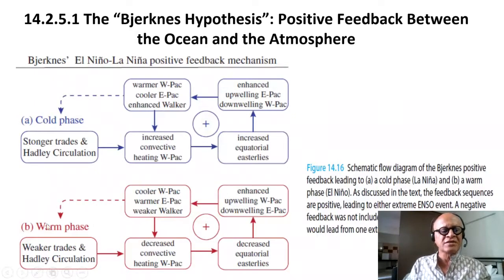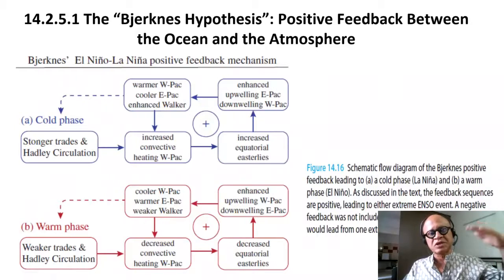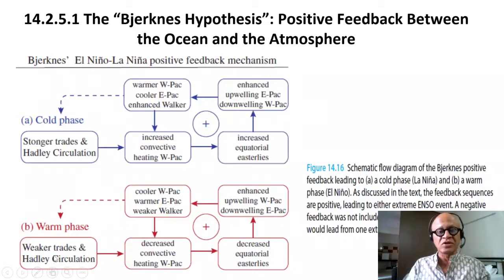On the other hand, somehow if magically the trades got weaker, we will see that there is also a possibility of doing something in the west with these westerly wind anomalies, wind bursts as we call them, but not always. Weaker trades and Hadley circulation, decreased convective heating in the West Pacific, decreased equatorial easterlies, enhanced upwelling in the West Pacific and downwelling in the East Pacific.